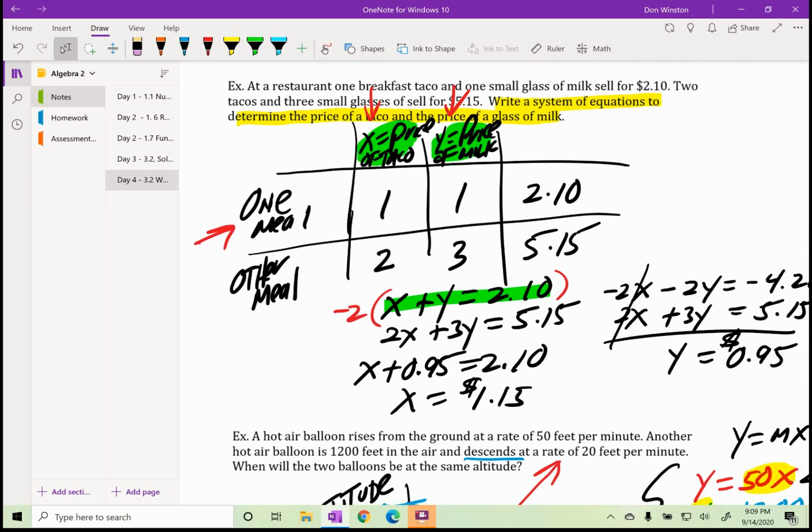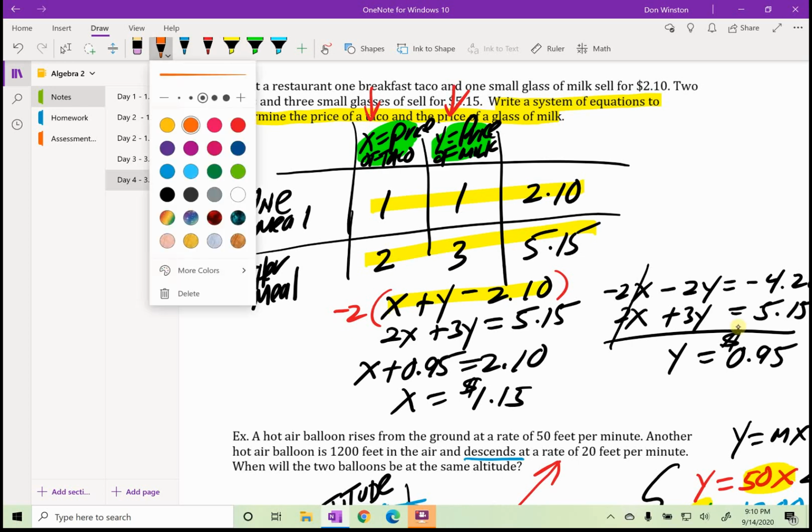Okay, so I have 2 equations there. One equation, I have x plus y is equal to 210, and the other equation from my table will have 2x plus 3y is equal to 515. Oops, where's my equal sign here? I need the equal sign.